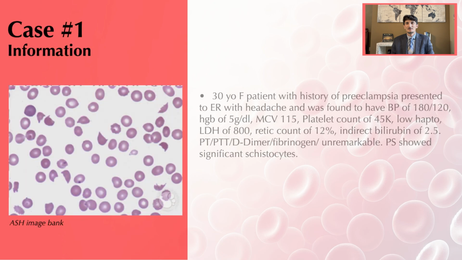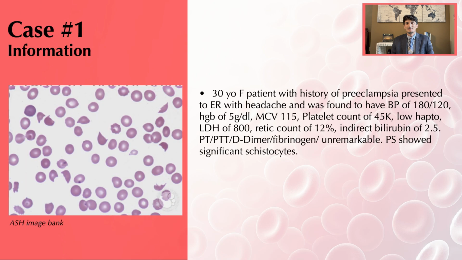So the first case that we will go over is a 30-year-old female patient with a history of preeclampsia, who presented to the emergency room with headache and was found to have a blood pressure of 180 over 120, with a hemoglobin of 5 grams, MCV of 115, and platelet count of 45,000, in addition to undetectable haptoglobin, LDH of 800, retic count of 12%, and an indirect bilirubin of 2.5.